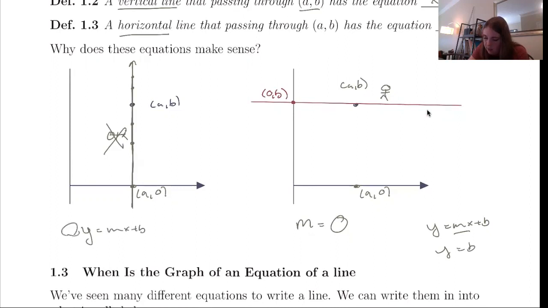I'm just rising up, and since it's rise over run, I'm not running anywhere. So I would get b minus 0 over a minus a, which is b over 0. And I can't divide by 0, so it's undefined. And it's undefined everywhere because it's a constant.